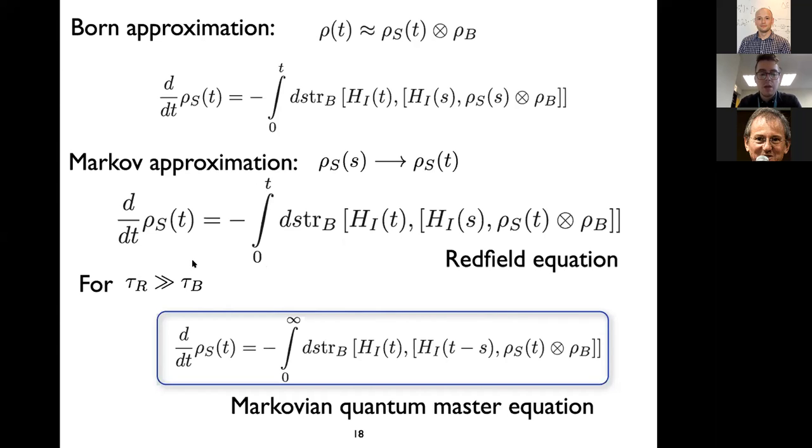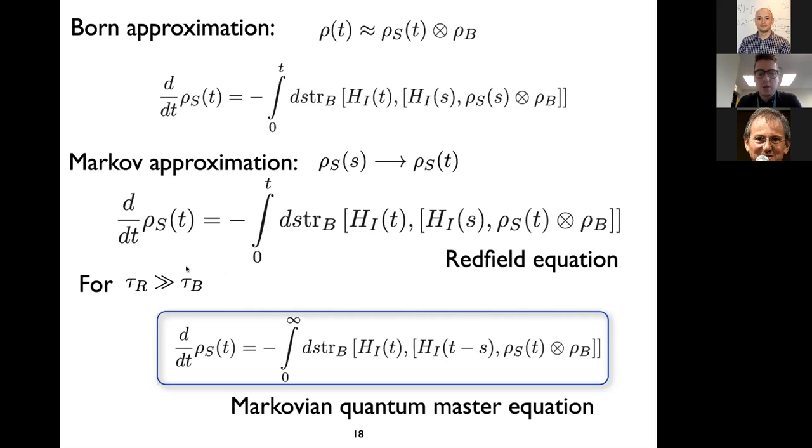Namely, if we define a timescale over which our open system evolves due to its interaction with the environment by tau R, and a timescale over which the reservoir correlation functions contained within this integrand decay by tau B, then we assume that tau R is much greater than tau B.